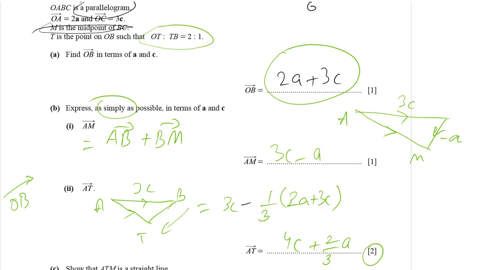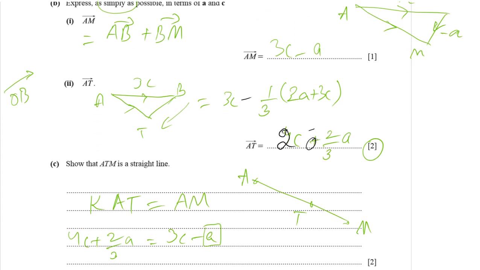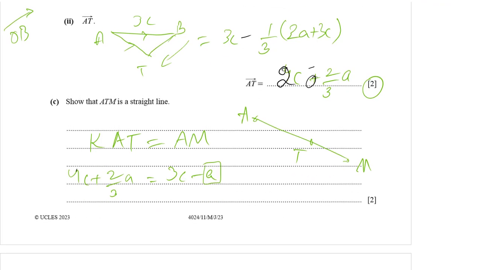Which means it would be 2C, and this would be minus 2 by 3A. Fine. So this should be 2C and it should be minus.